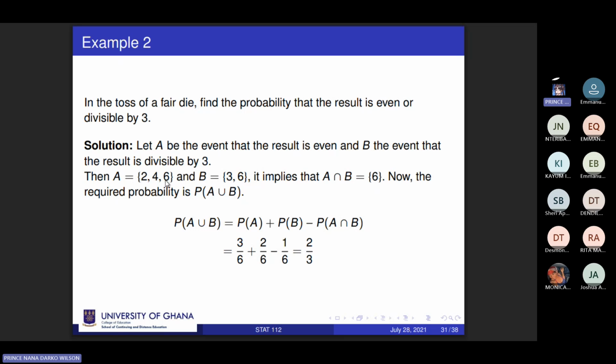The even numbers are 2, 4, and 6. And then the multiples of 3, or numbers that can be divided by 3, are 3 and 6. And our intersection is 6. Therefore, we add the two values, that's the probability of A and B, then we subtract the probability of the intersection occurring, that's 2 over 3.